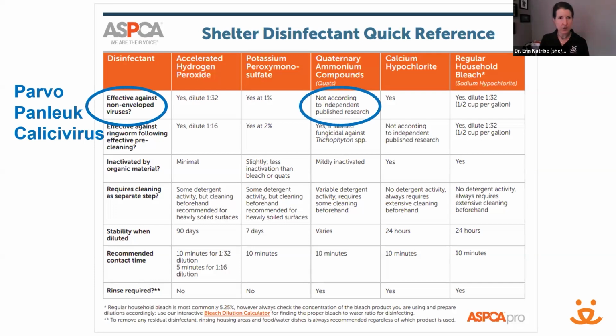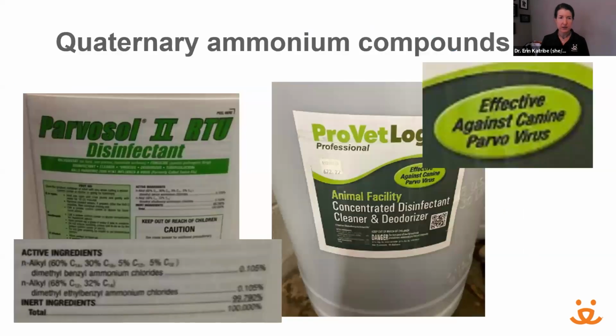What I want to call out is that quaternary ammonium compounds, what we call quats, are not reliably effective against parvo, panleuk, calici, even though they come with names like Parvosol, or they say on the barrel, effective against canine parvovirus. And I see these in use in shelters and in veterinary clinics.